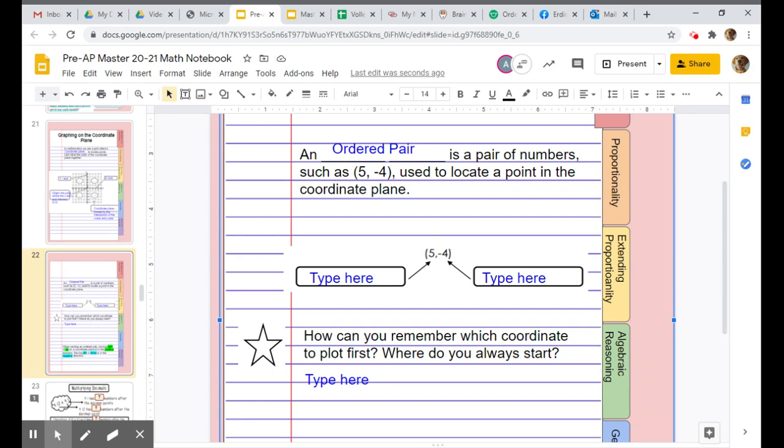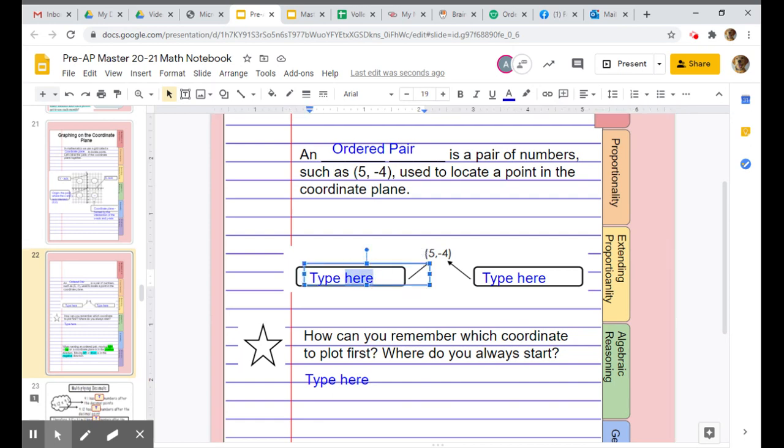Okay, it's a special point that I can go look at. So in our ordered pair, we have the two numbers. The first number listed is always going to be our x coordinate. So that is the one that is going to be on the x axis when we're looking for it. The second point that is always listed is our y coordinate.